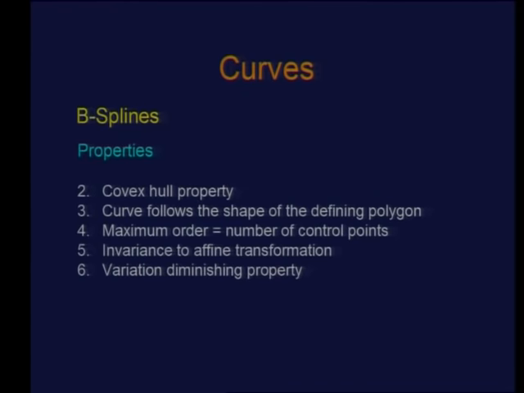So, which in turn gives us the nice property of the curve residing within the convex hull, right. So, that is what here is mentioned, and in fact, we observed that this convex hull property in the case of B splines is tighter or stronger compared to the Bezier curves, right.